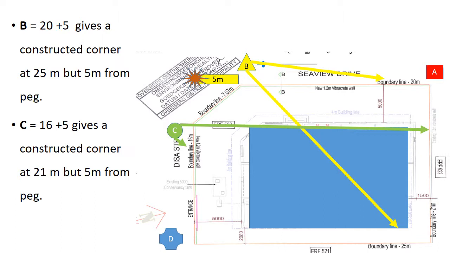Or from point D, if I get the peg at D, I just measure 25 meter, and from that 25 meter move back 16. In essence, as I said, the more points you get, the better.